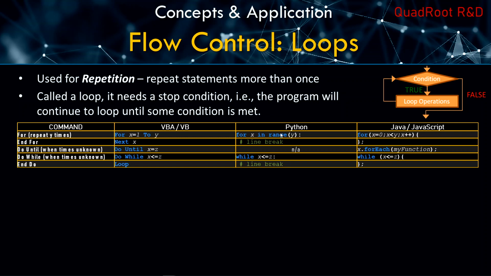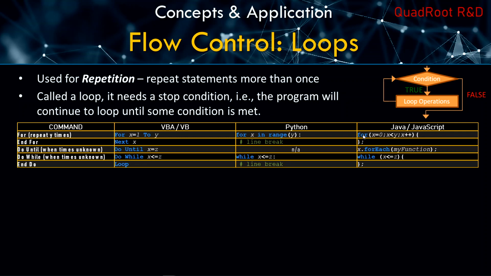Now if you've initialized x as 1, then it will start from 1 to y, whatever the value of y is. Then you can put whatever operations below that as long as it's indented. And once you finish, you can come back to the level of for. So that's the for loop in Python.